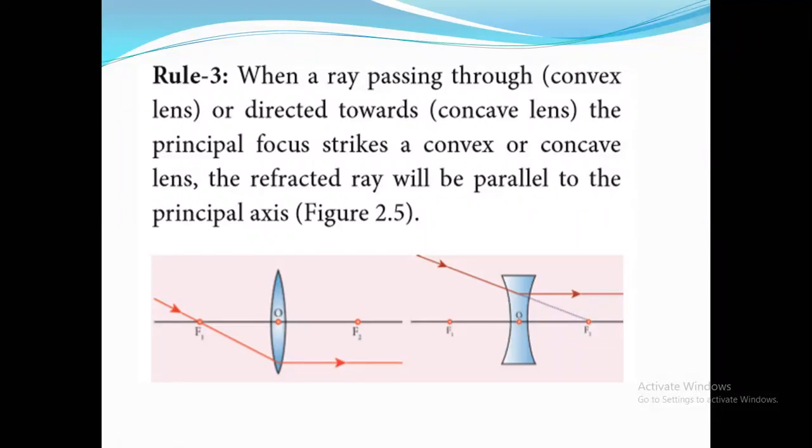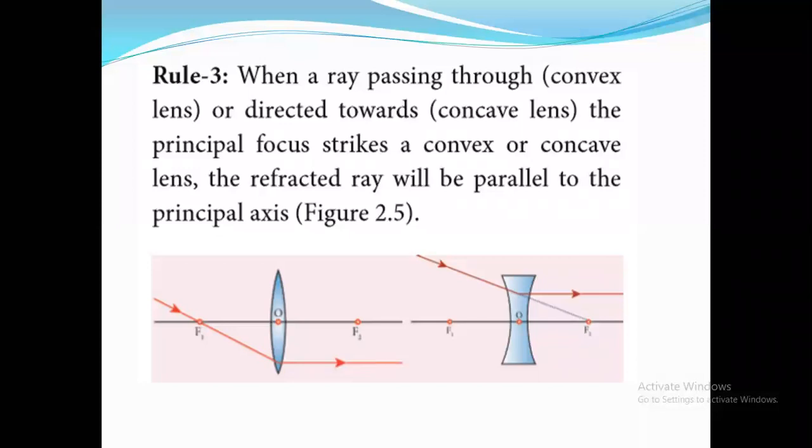So these 3 rules will be followed in image formation. What is the first rule? Suppose an incident ray passes through the optical center, no deviation, so it goes in a straight line. What is the second rule?